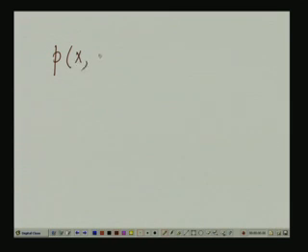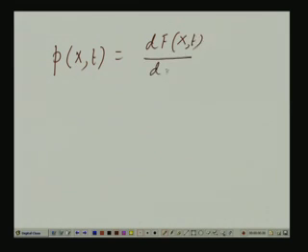The density p_x(x, t) is nothing but the derivative of the distribution. Since I am differentiating, you can put small x again back here, not a specific capital X, but again just a general variable x, and differentiate it with respect to x.